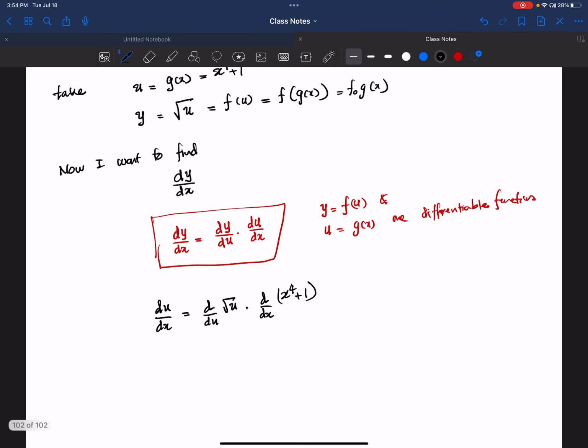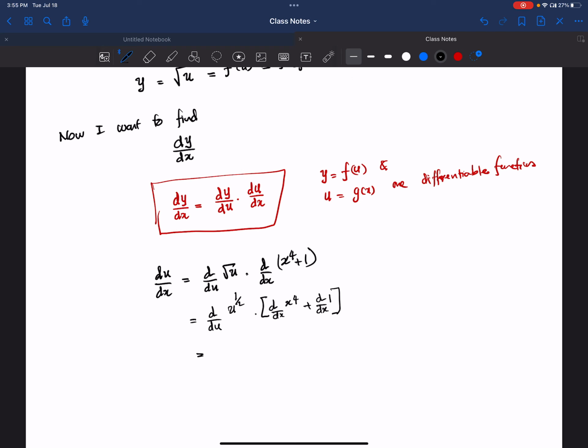I can use the sum rule here: d over dx of x to the power 4 plus d over dx of 1.